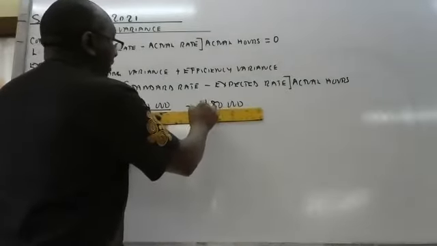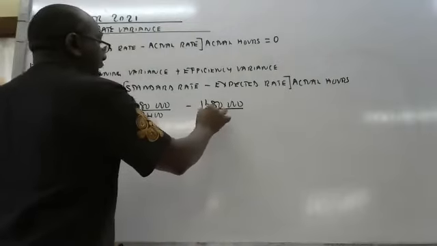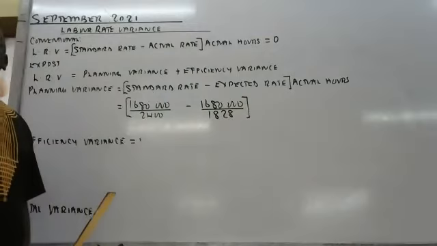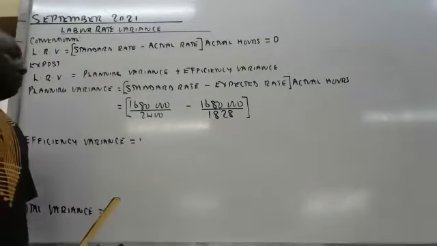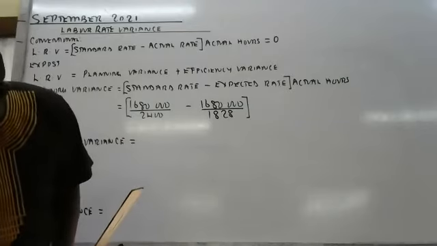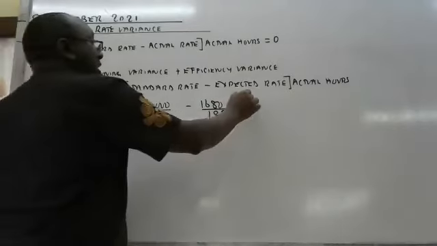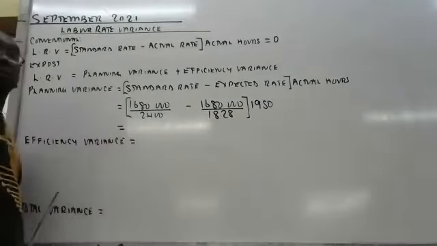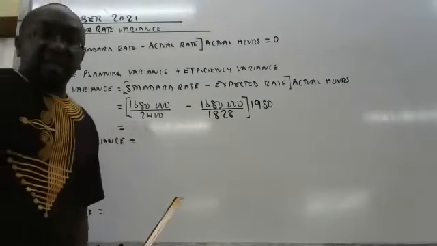You divide by the hours that we expected we should have used, 1828. Then multiply by the actual hours. The actual hours, if you look at the actual results, you find it is 1950. So work out that and give me the answer.